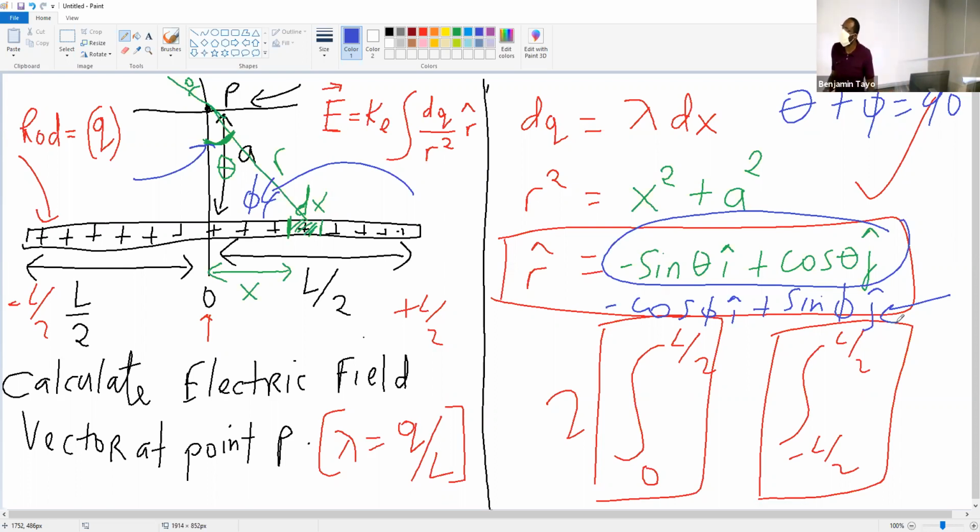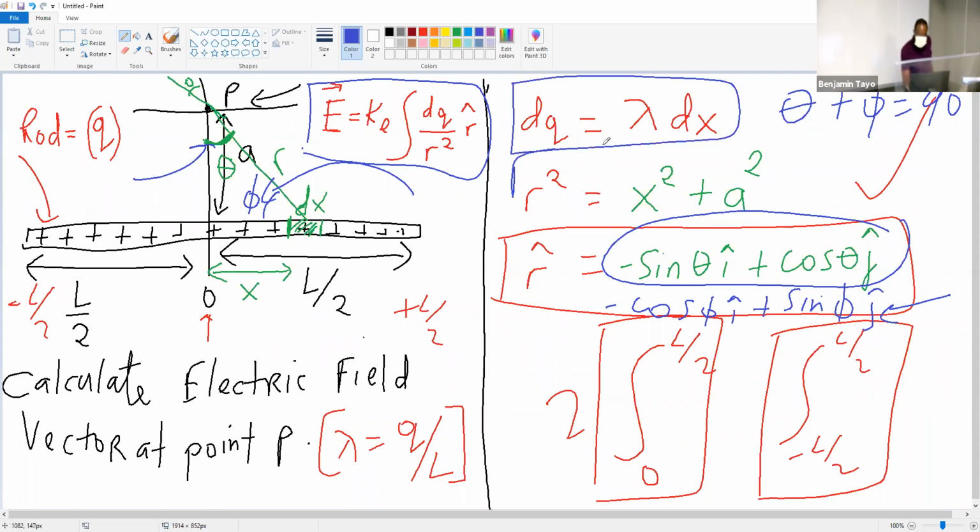All right, now, so keep this equation in mind, keep this r squared in mind as well. And then, because I'm using this angle here, this is our unit vector, so it's negative sine and cosine.